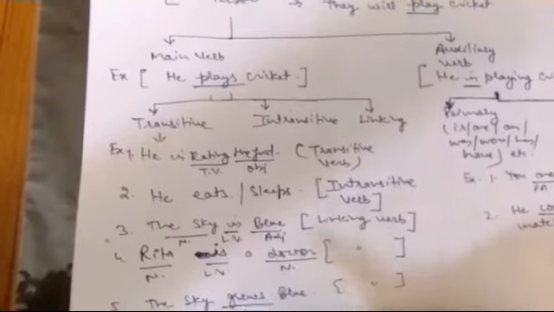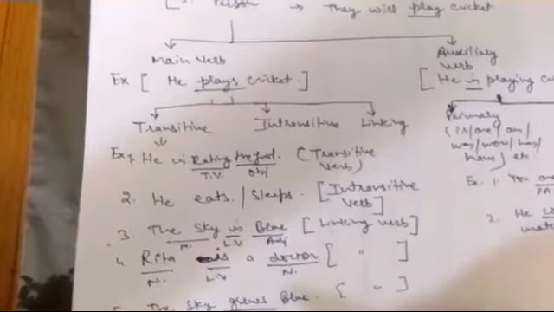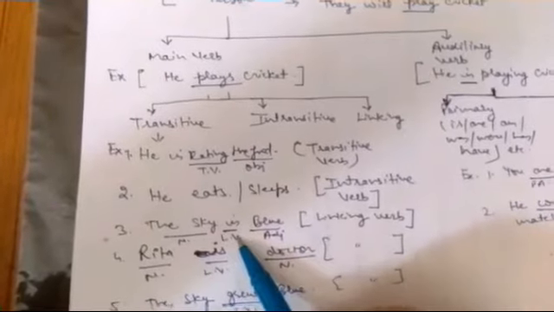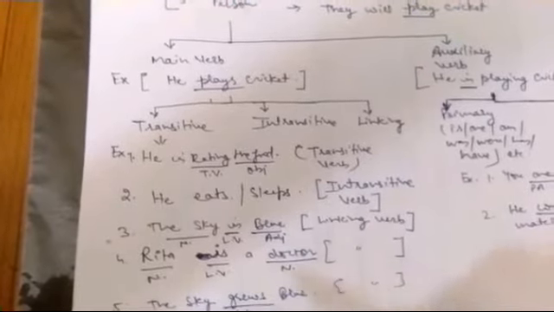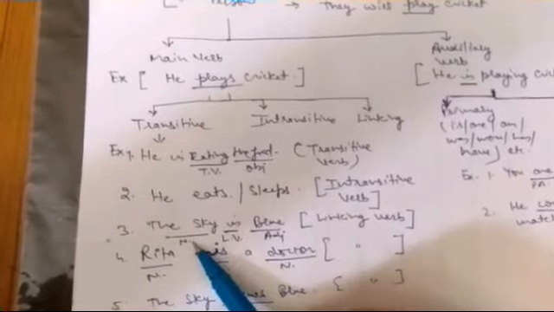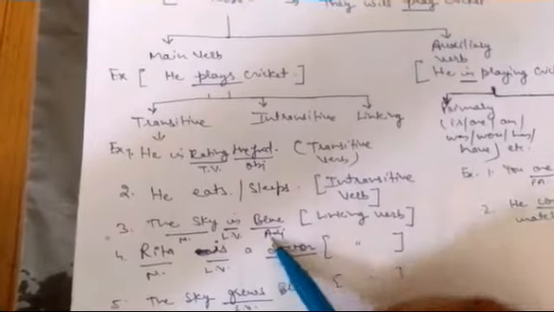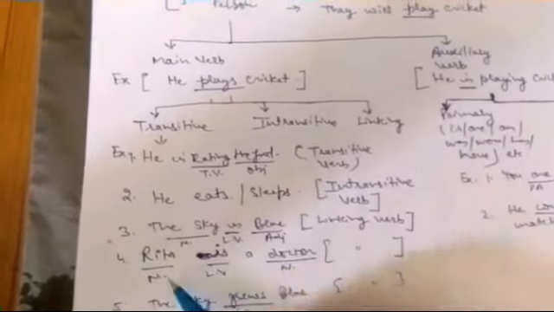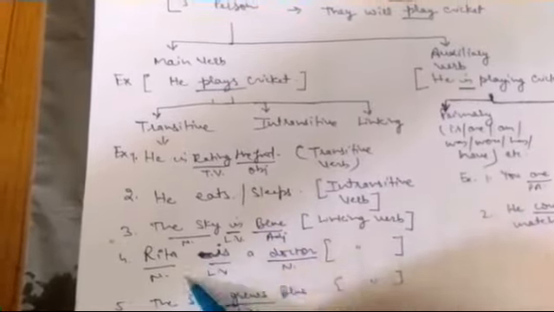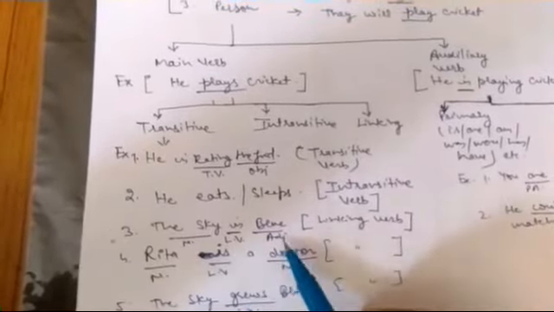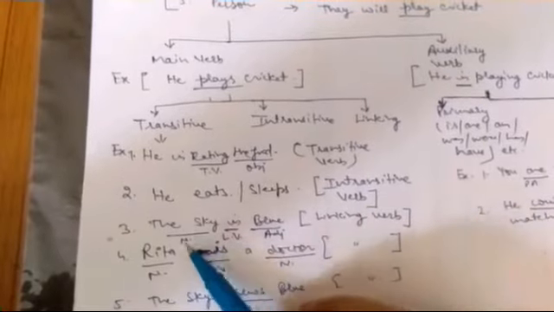You should know that a linking verb always connects or joins two words. One is a noun and the other is an adjective, or both are nouns. So linking verb joins two nouns or one noun and one adjective.